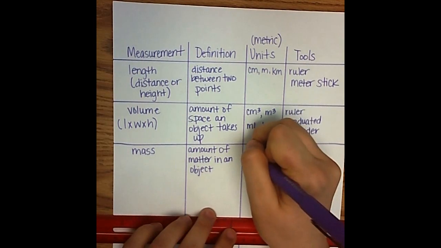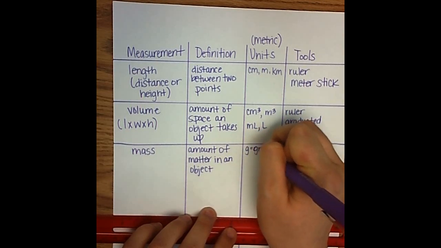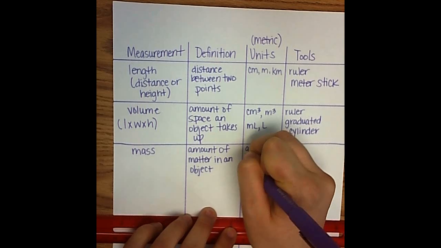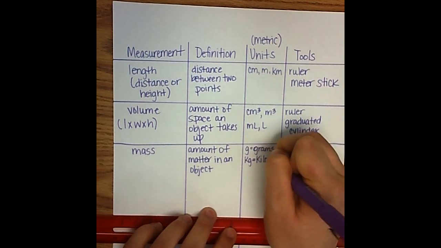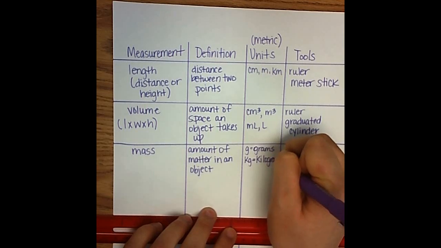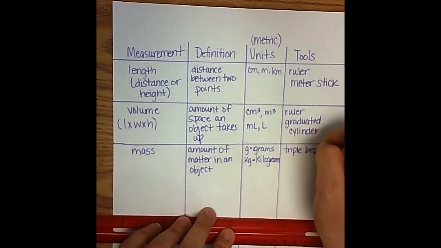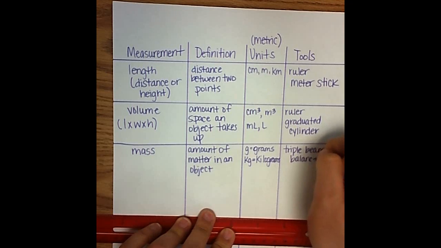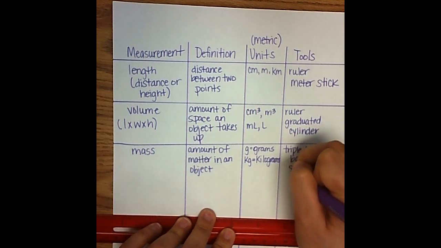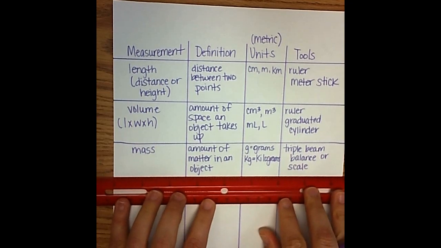Alright, so the unit we use is grams or kilograms. And we are going to use a triple beam balance or a scale. Okay.